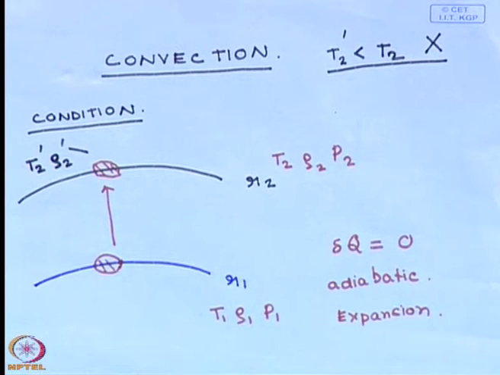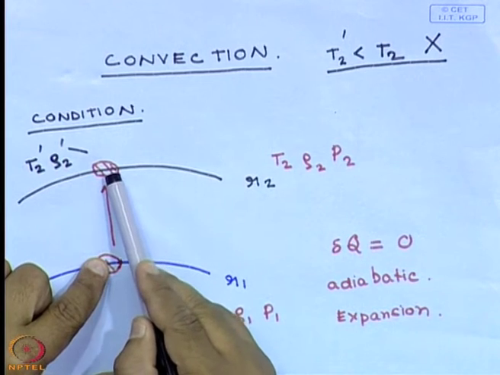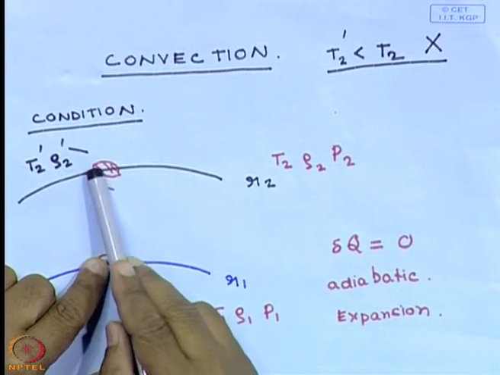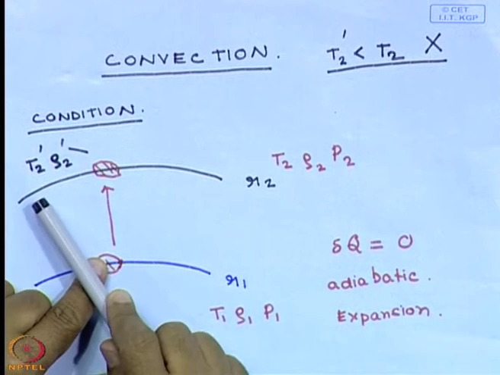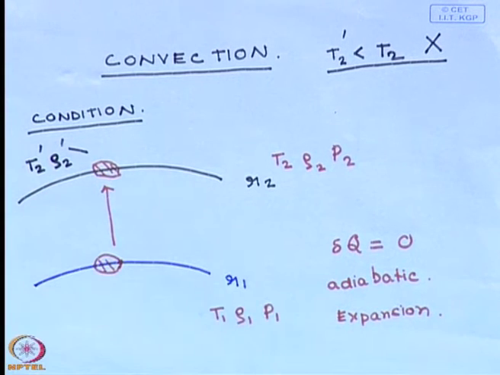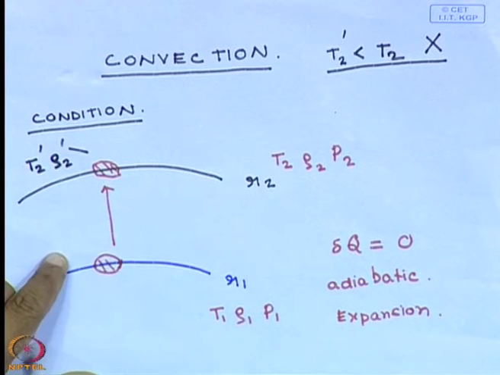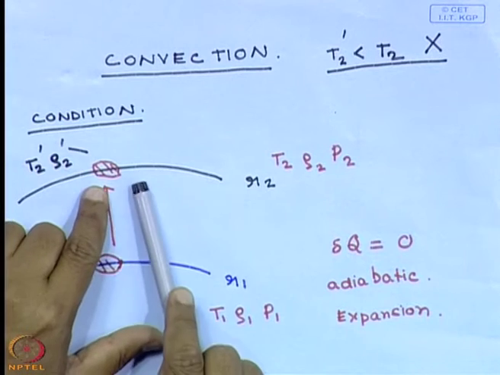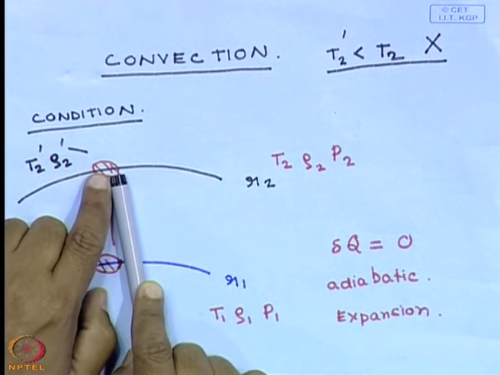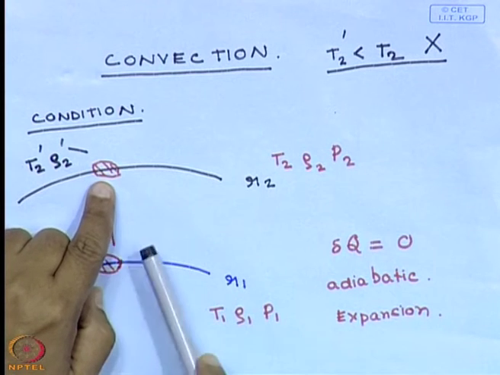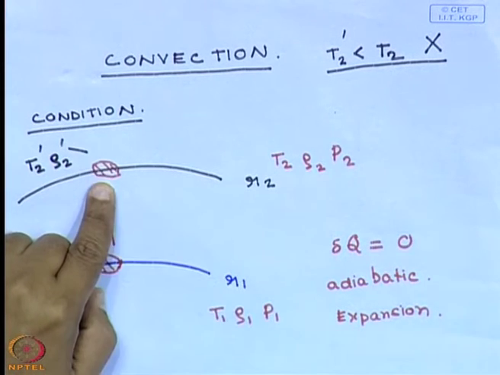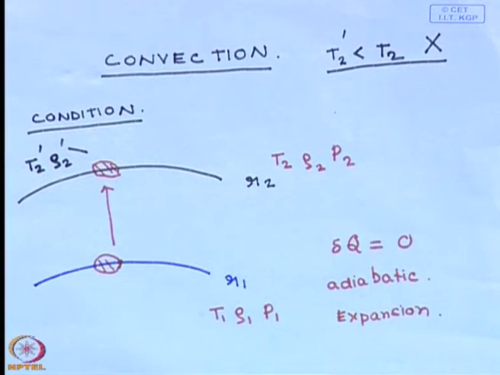Whereas, if the bubble, when it moves from here to here, is hotter than the surrounding medium, then the density in the bubble is going to be lower and the bubble is going to experience an upward buoyancy force.